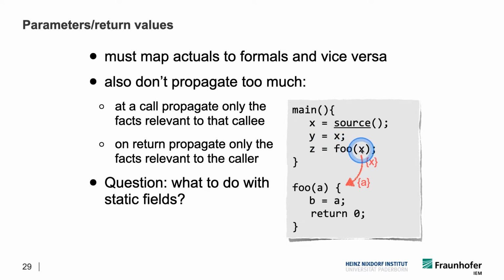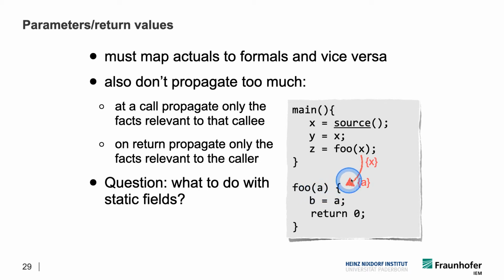Then as we are propagating information, inherited information from this call to this method header here, we are actually just propagating the formal parameter A here, right? So here we have an actual parameter X, and because X is tainted, we now know that A is tainted in this particular context here, in this scope.